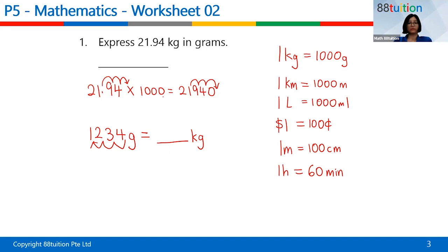You have to shift 3 times. When it's a whole number, your decimal point is right at the end. So it's 1.234. Don't worry, when we go through decimals, we will talk more about this. This just gives you an idea first. So basically, that's how we change kg to grams and grams to kg. When we talk about decimals, we'll go through more in depth. We'll do more practice later.